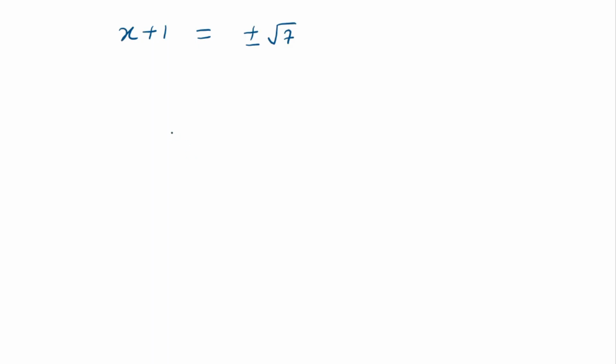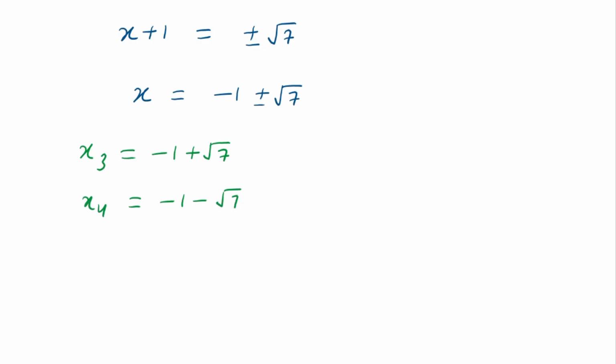Now if we subtract 1 from both sides, then x equals minus 1 plus minus square root of 7. We have the third solution, x3, equals minus 1 plus square root of 7, and the fourth solution x4 equals minus 1 minus square root of 7.